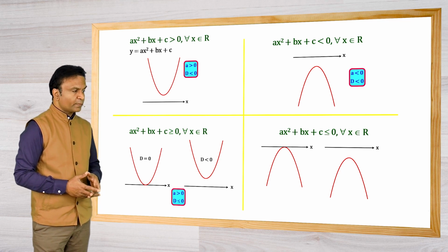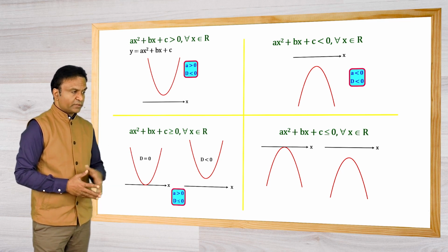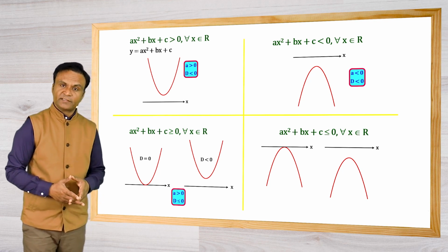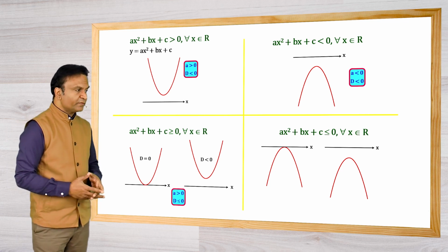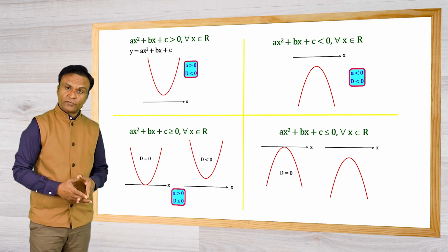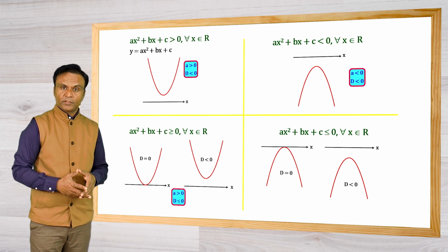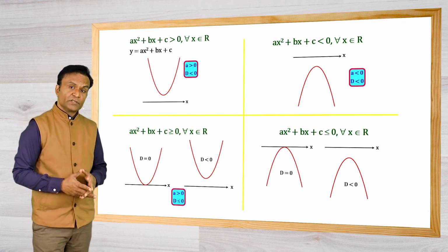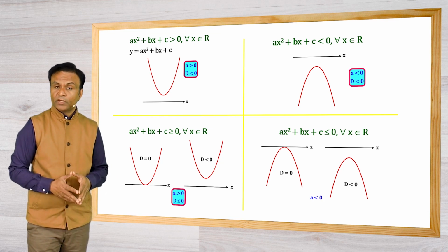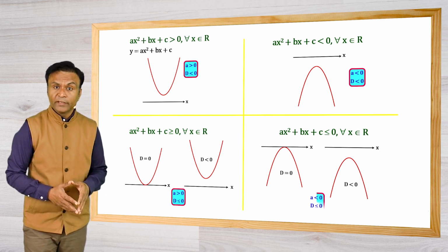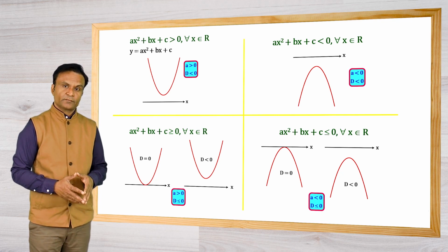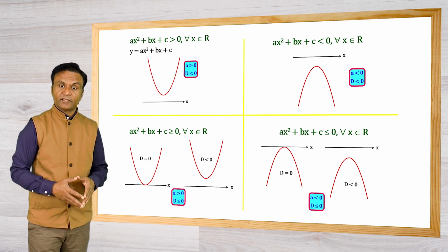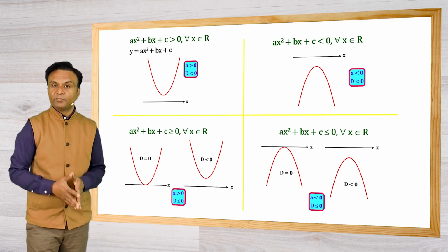In the first graph, the graph is touching the x-axis, and in the second graph it is lying below the x-axis. So we have D less than or equal to 0 again. So for this quadratic inequality, we have conditions a less than 0 and D less than or equal to 0. We will see how to use these conditions in solving some inequality based problems.